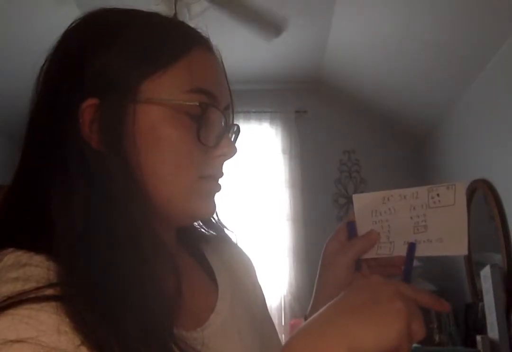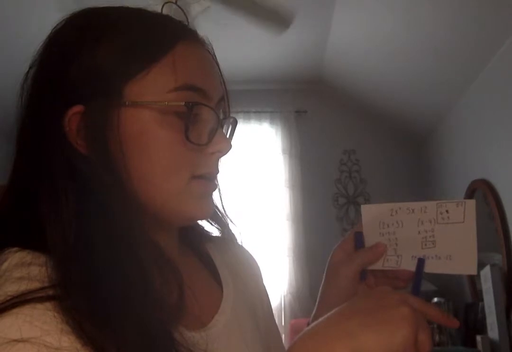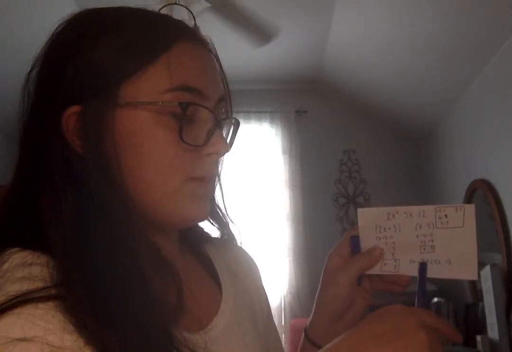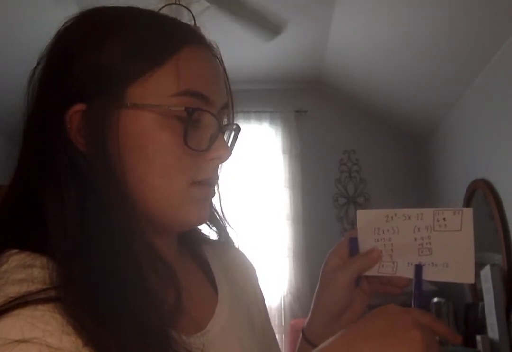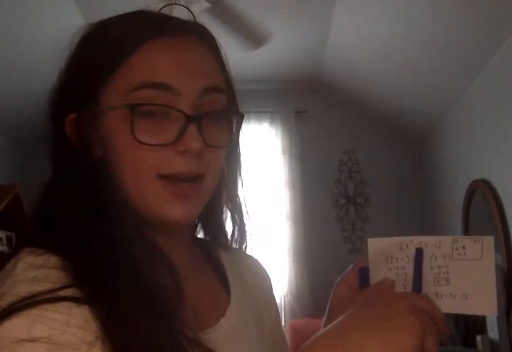So here we have 2x squared minus 8x plus 3x minus 12. And here what you're going to do is combine like terms, so -8x plus 3x will give you that -5x. And that is how you factor quadratic equations.